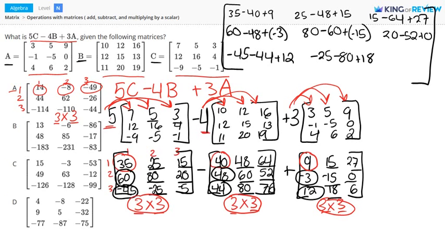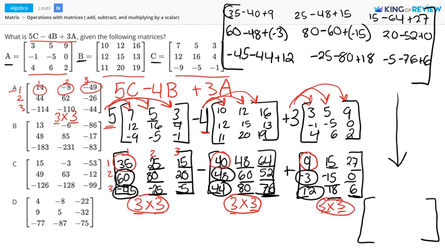And the last entry, we have a negative 5, a 76, and a 6. So we have negative 5 minus 76 plus 6. So now we've set up each of the entries here, and the last thing is to do the math and solve for each of the entries.